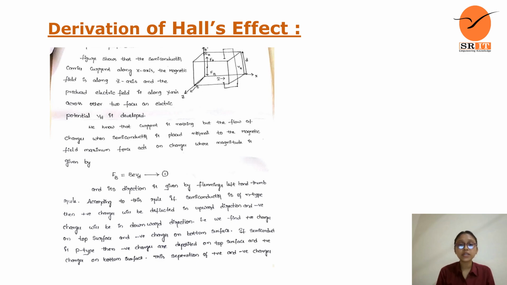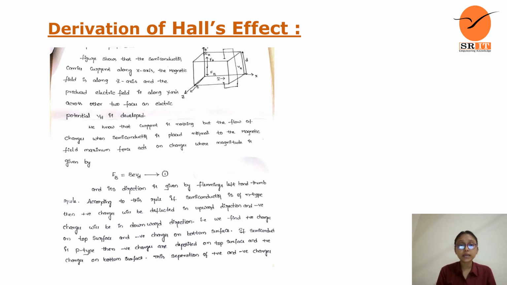When the semiconductor is placed normal to the magnetic field, maximum force acts on charges whose magnitude is given by FB equals B e VD, and its direction is given by Fleming's left-hand thumb rule. According to this rule, if the semiconductor is n-type, then positive charges will be deflected in the upward direction and negative charges in the downward direction. So we find positive charges on the top surface and negative charges on the bottom surface.